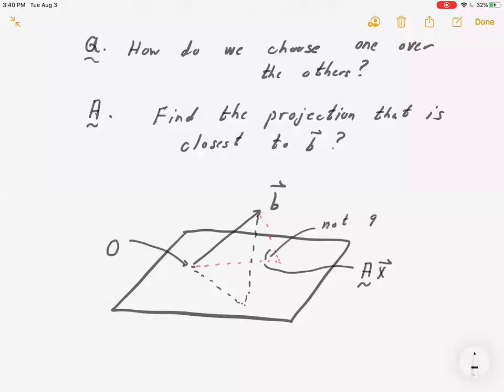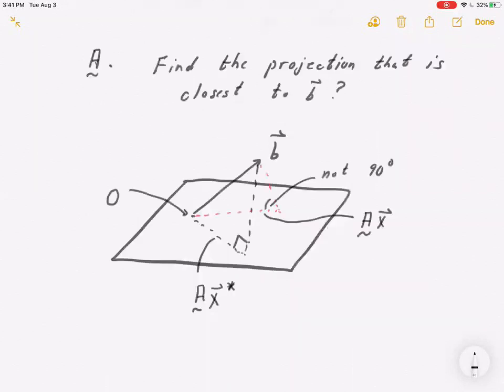So that's one of an infinite number of possibilities. This projection is going to be very special because it's going to be the one that's closest to B. The value of X is going to be different. So to show the audience that that's different, I will call this X asterisk.